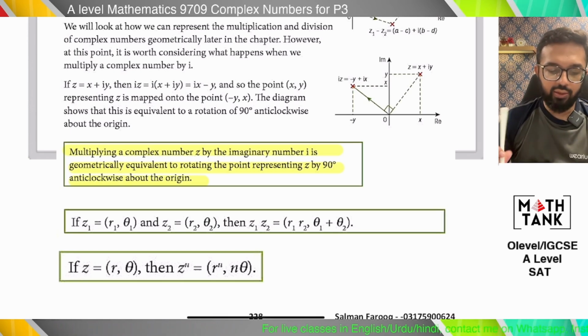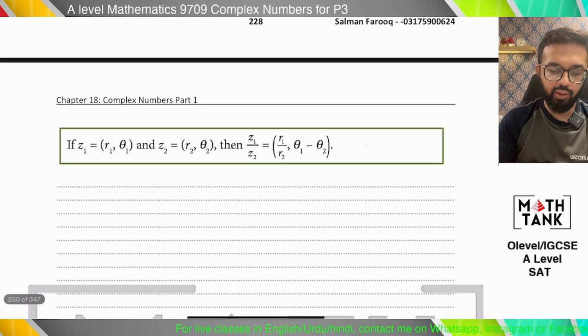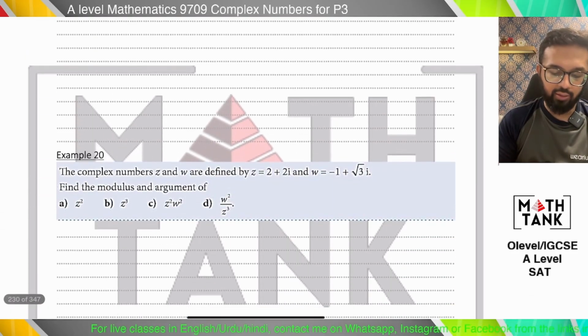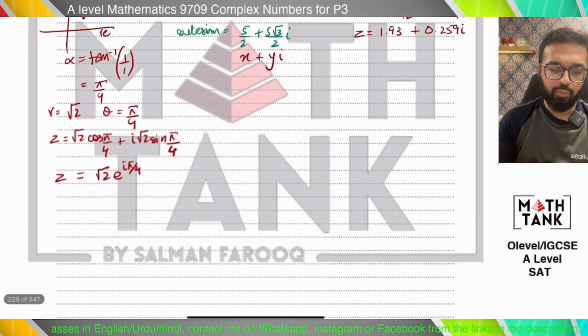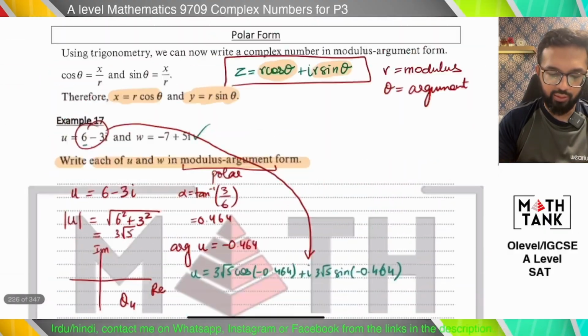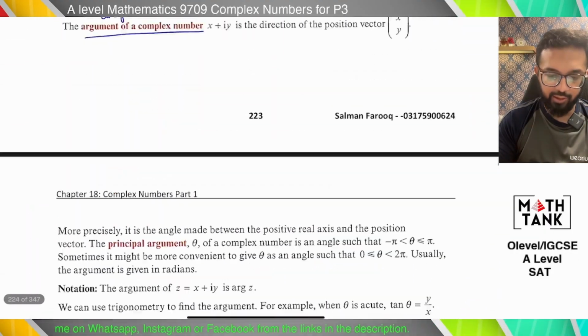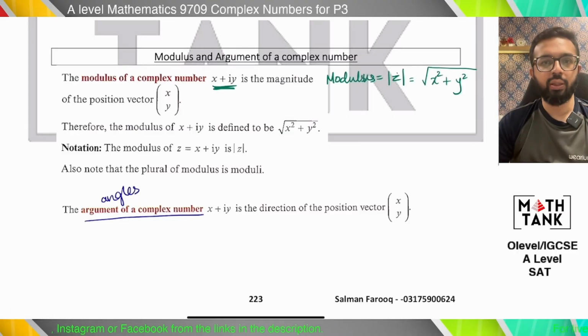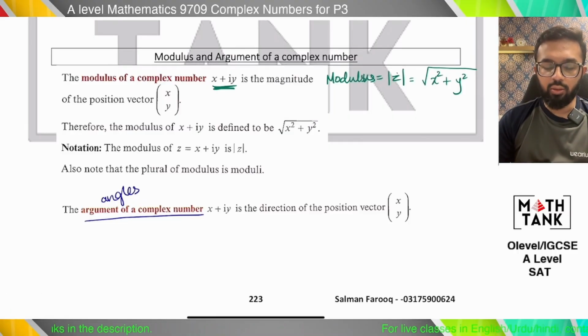Okay, then these are rules for modulus and argument that I will write down again right now here. But before that I want to show you what modulus and argument are. So I'm going to scroll back quickly and tell you that the modulus of a complex number is the distance from the origin.